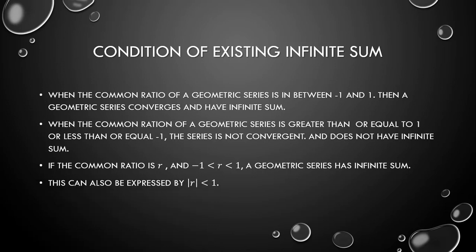This can also be expressed by modulus of R is less than 1. When you are told modulus of R, that is two bar signs before and after R, this means the modulus sign. Modulus of R is less than 1 means that -1 is less than R is less than 1.